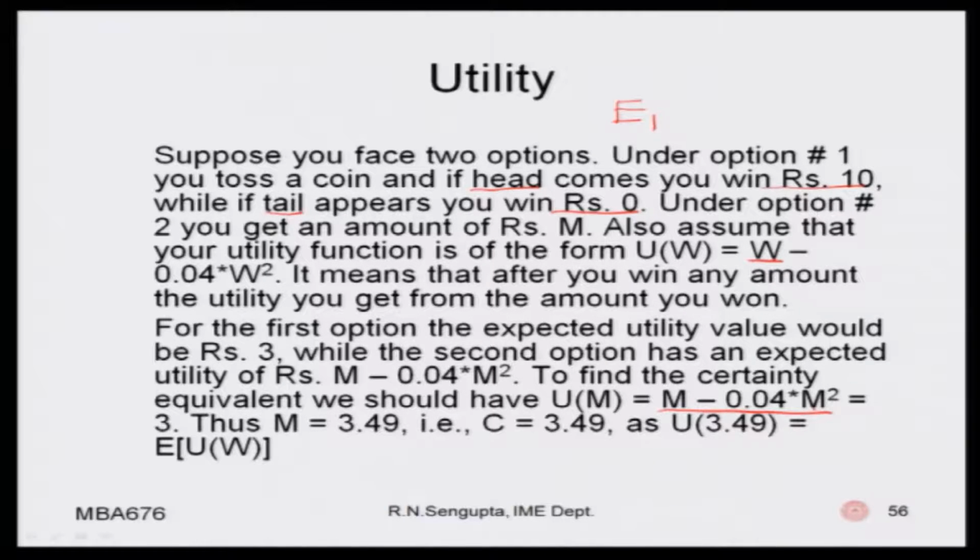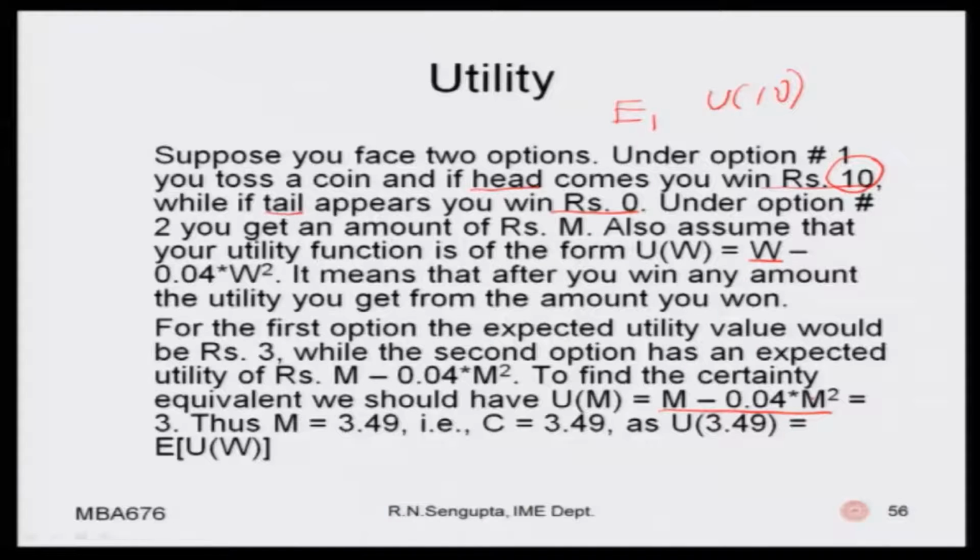Now remember one thing which I didn't mention, but considering that you have already understood it, that the value of 10 which you have is not the value which you will be utilizing directly in your calculation. This is the 10 value going in as an input, and the corresponding output would be U10. So corresponding to 10 you will have the utility where M is replaced by 10 minus 0.04 into 10 square.